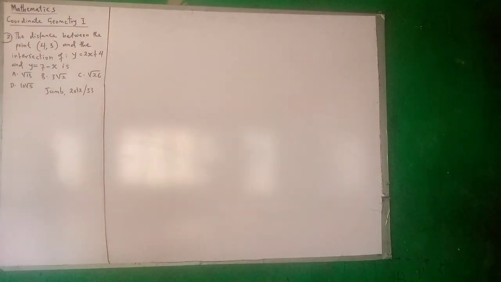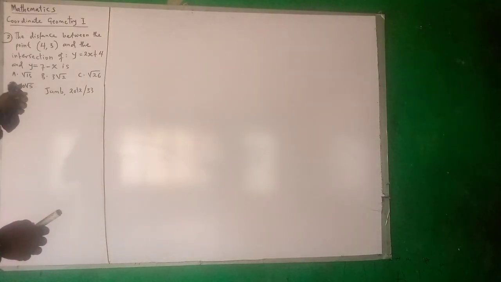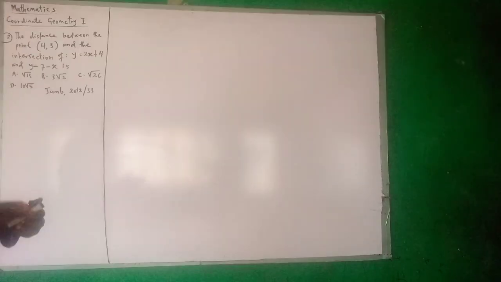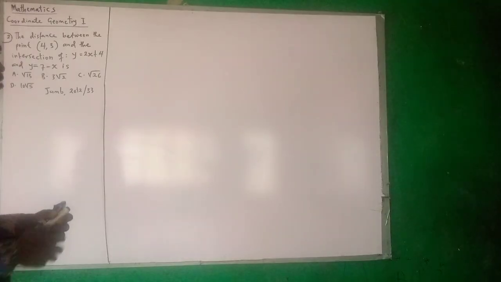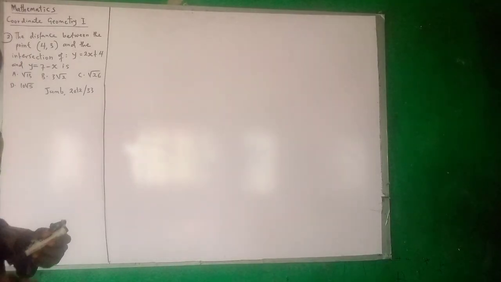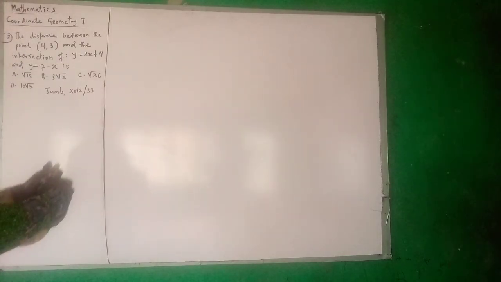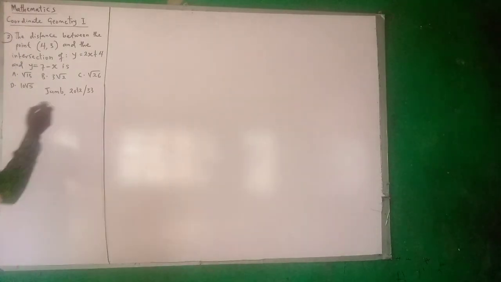For you to get the distance in this type of question, you have to take these 2 equations and solve them simultaneously. While solving them simultaneously, you are going to get the value of x and y, and that will be another coordinate. Then you can now find the distance. You get it now? So let's solve it.